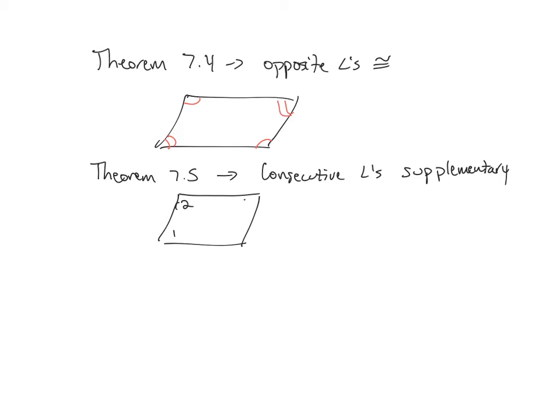So if I had angle 1, 2, 3, and 4, angle 1 and angle 2 are supplementary, angle 2, angle 3 are supplementary, angle 3 and angle 4, angle 1 and angle 4. Okay, and that has to do with, if you go back to parallel lines, consecutive interior angles, which these kind of are, were supplementary. And so since the opposite sides are parallel, we create that same situation.